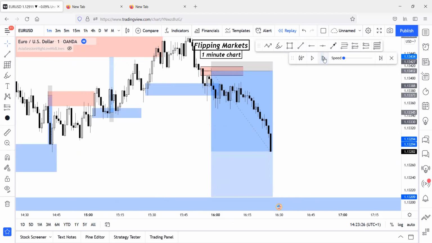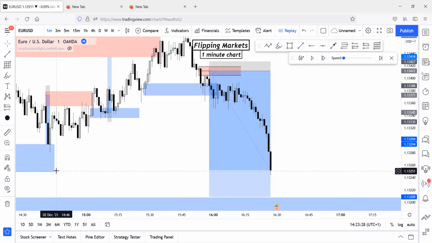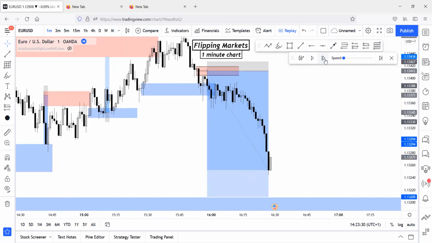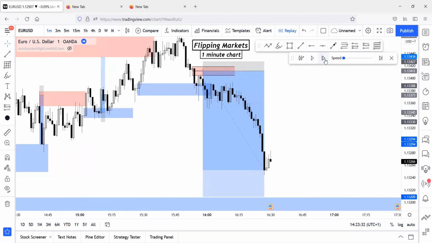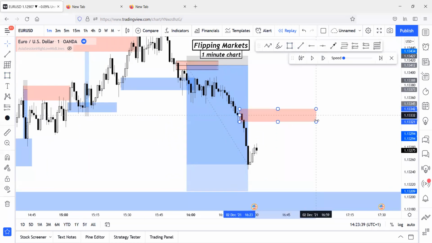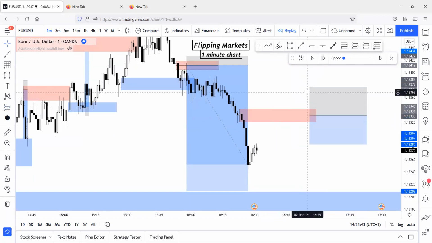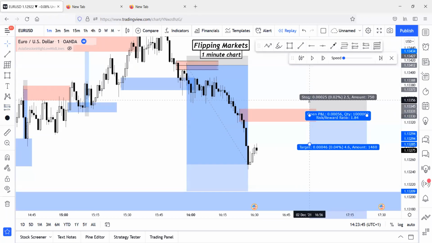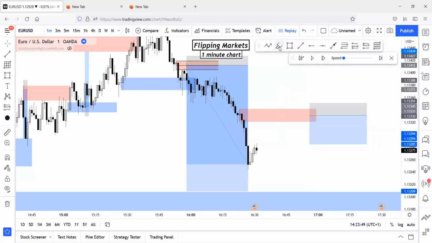Okay, let's see what happens. Okay, price just broke that demand zone with an impulse movement. And we could actually look for a scaling trade, a continuation trade, on this candle. So I will just set my limit here with a 2-point stop loss, because we have this upper zone right here and the stop loss will cover it.